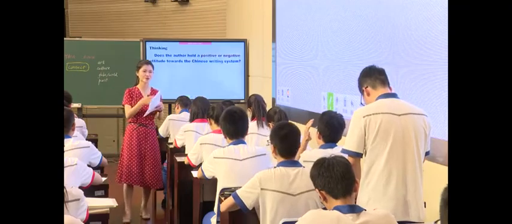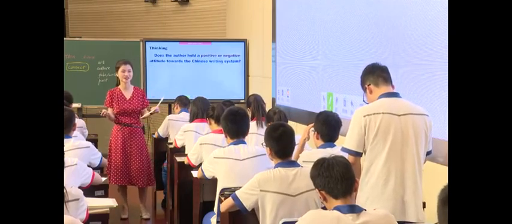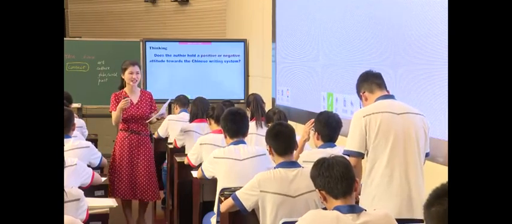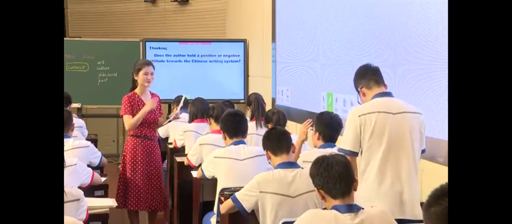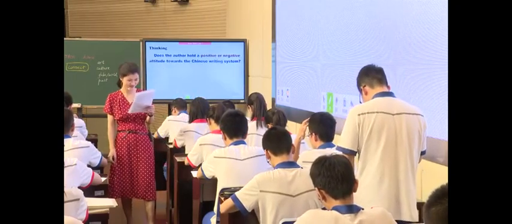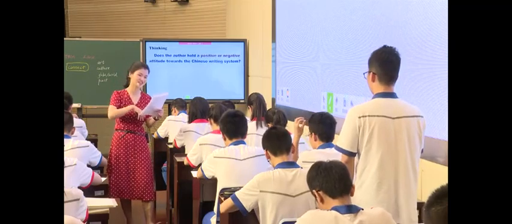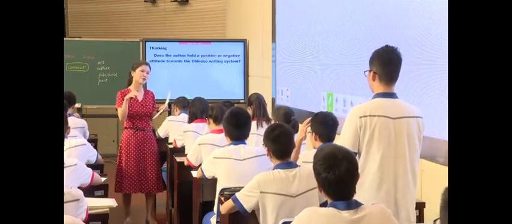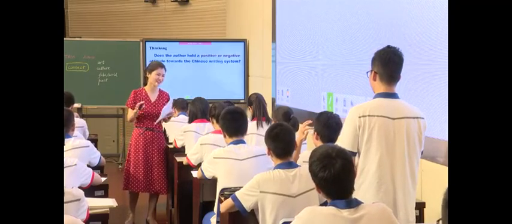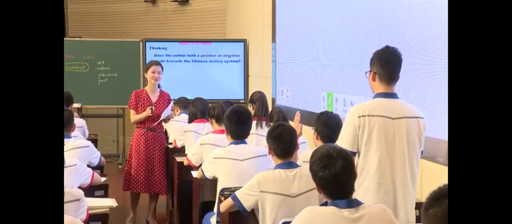You mean it's very profound and has a long history. Can you find the exact word or expression from the text? Maybe paragraph 2, "several thousand years." There have been several thousand years to prove that. I think it's a fact. It cannot express the author's opinion, right?